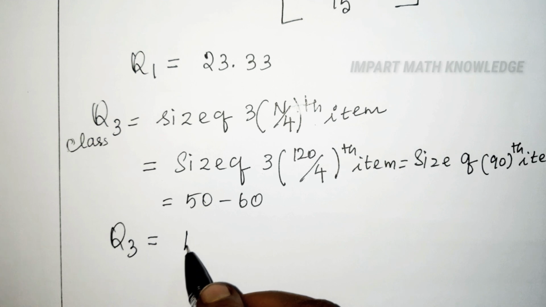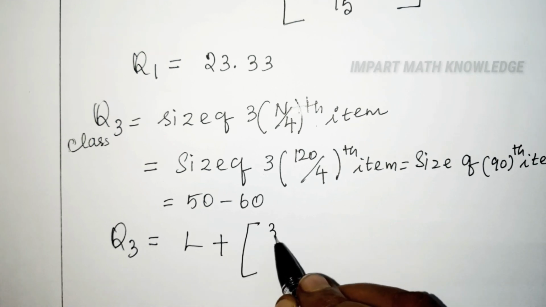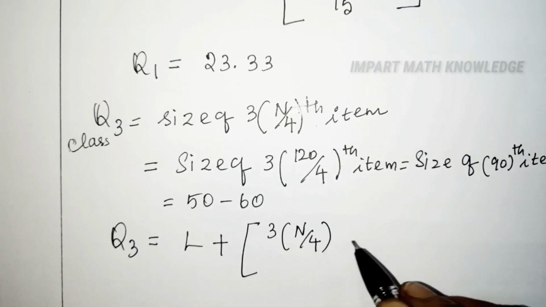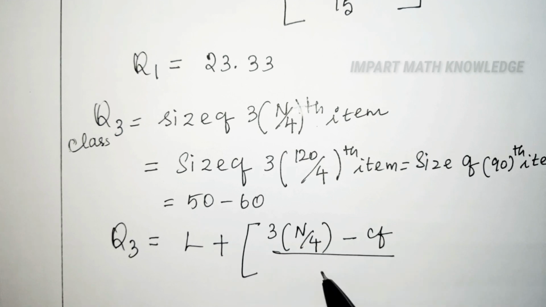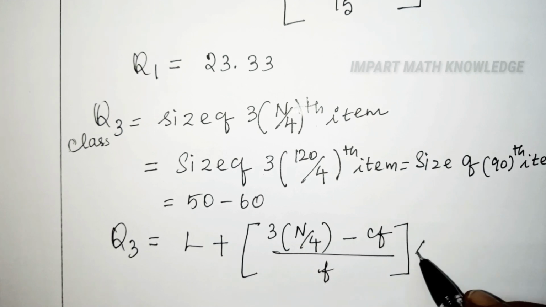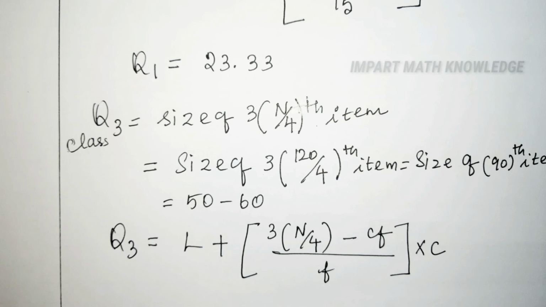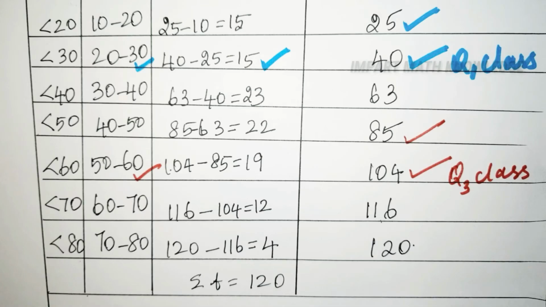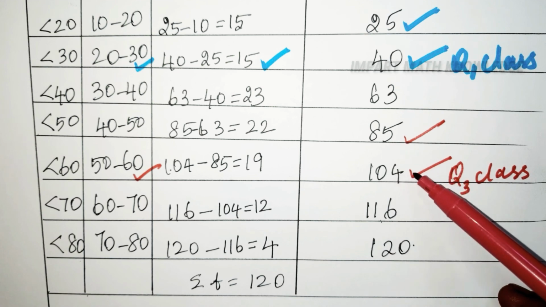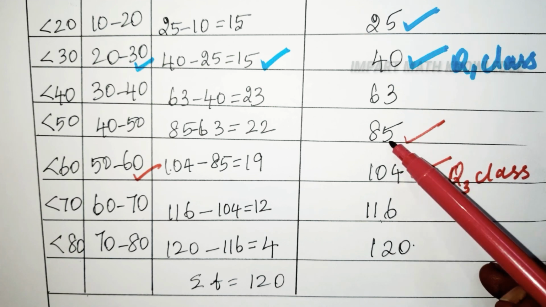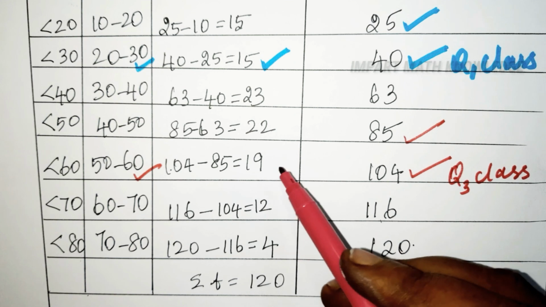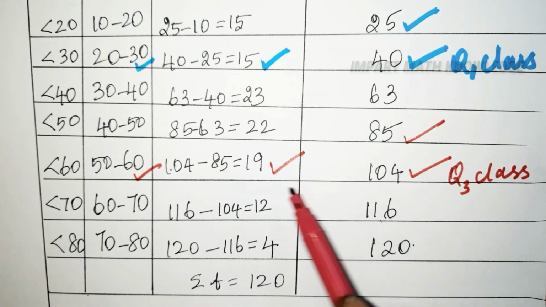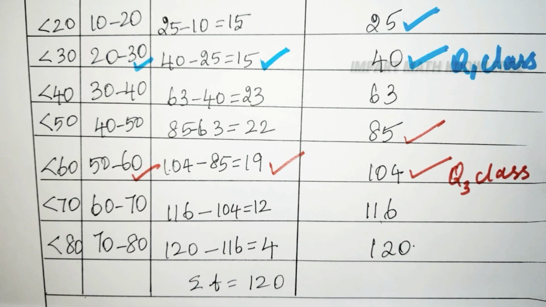So Q3 is equal to L plus (3n by 4 minus cumulative frequency) divided by frequency into C, where L is the lower limit of the Q3 class, that is 50. CF is the cumulative frequency preceding the Q3 class, that is 85. F is the frequency in the Q3 class, that is 19.